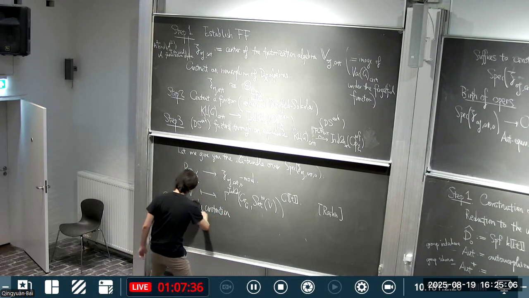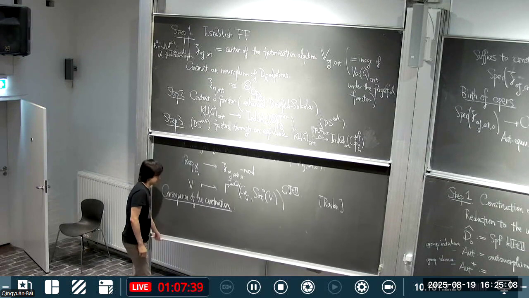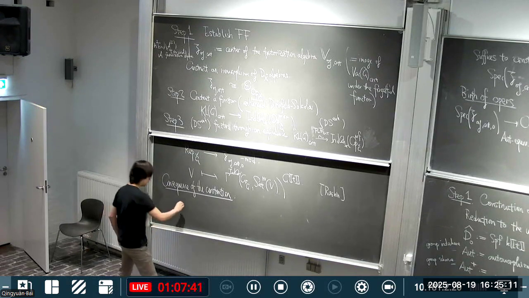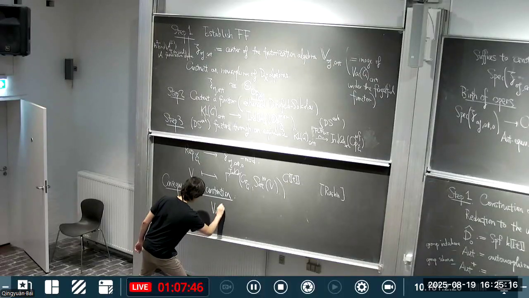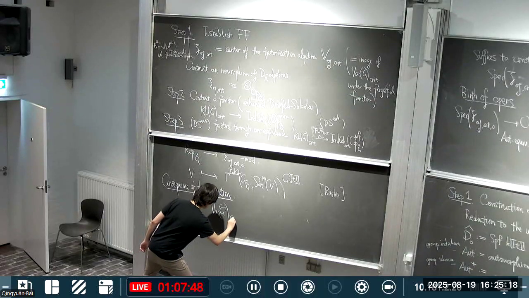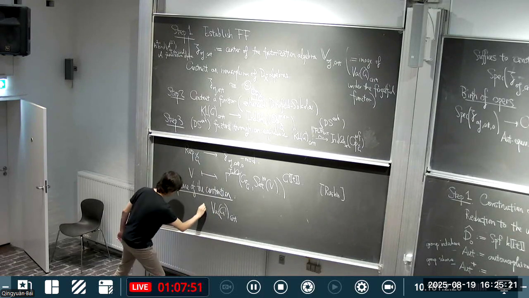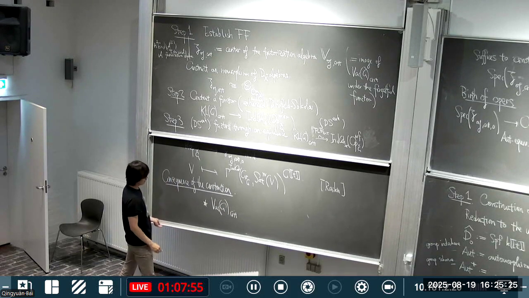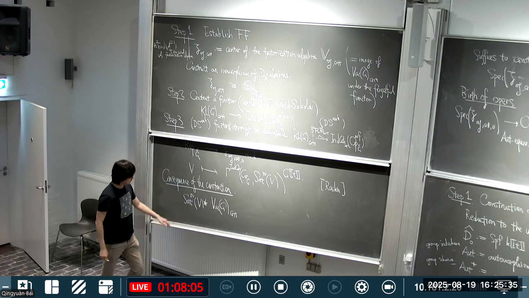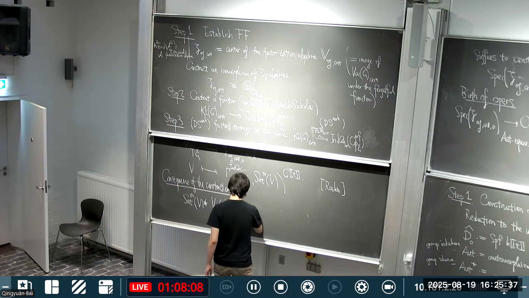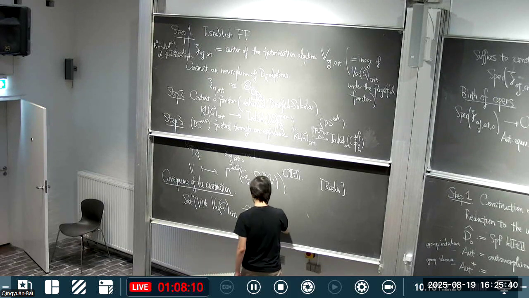Taking some of the upshots of the Beilinson-Drinfeld construction, namely, it tells you that this vacuum representation has a Hecke eigenproperty with respect to the convolution action of the spherical Satake category.